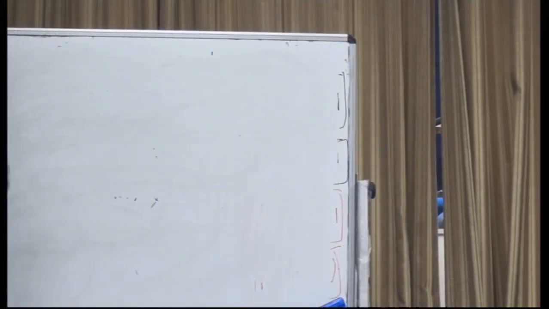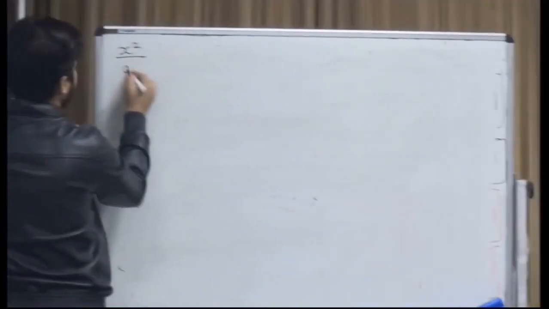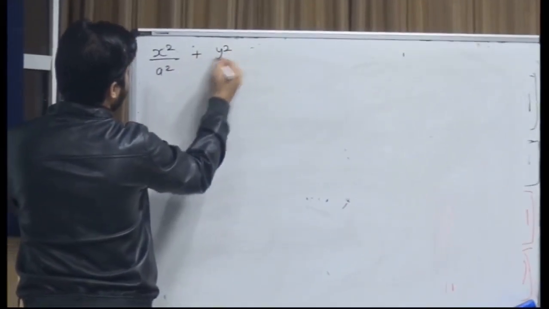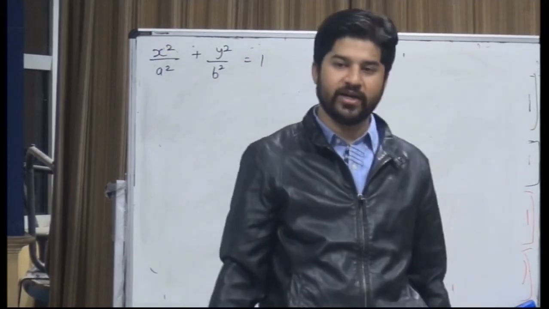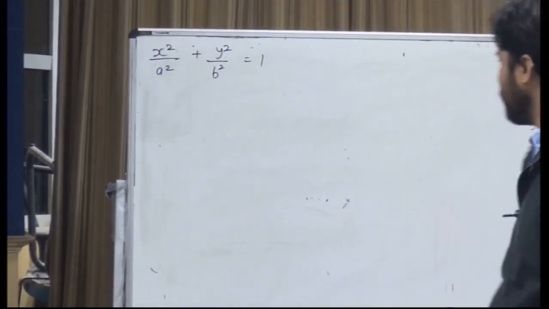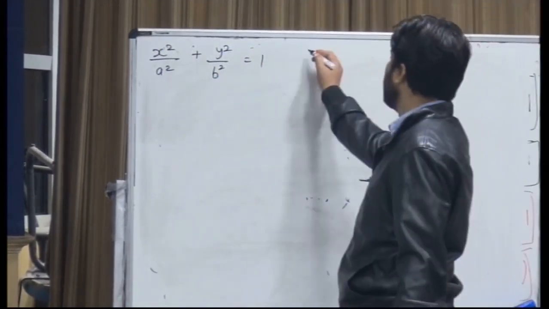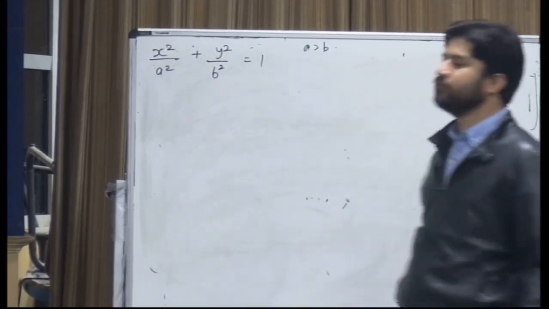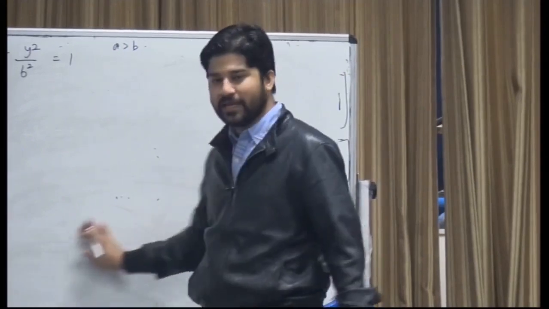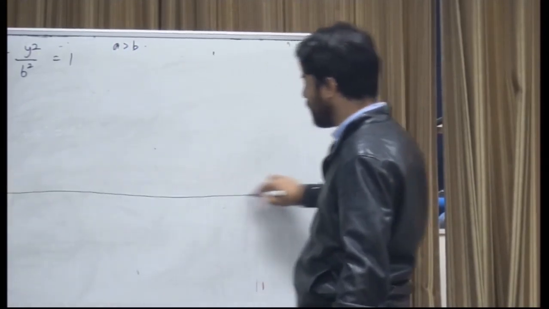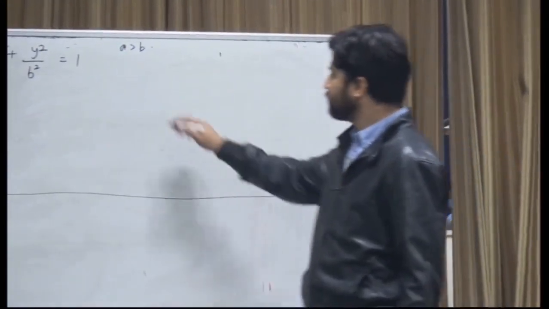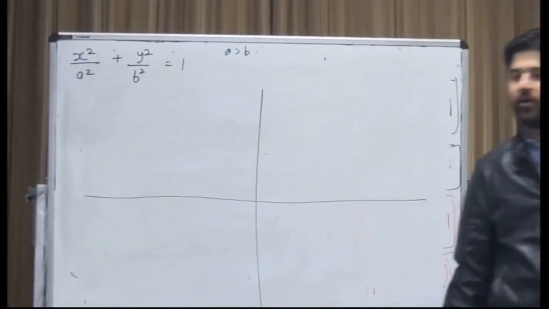Now trying to sketch x square by a square plus y square by b square is equal to 1. And what is b square? A square into 1 minus e square. And this is the standard ellipse, which means a is greater than b. This is a standard ellipse. Okay.